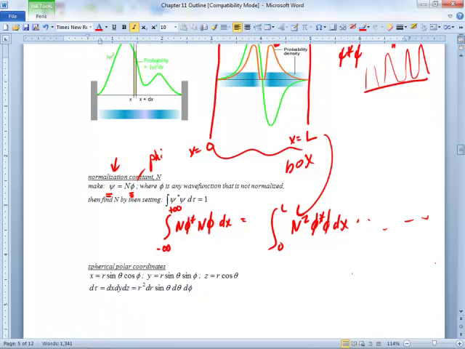Now, d tau we said was dx, dy, dz. But if you jump into spherical polar coordinates, look what d tau then becomes: r squared dr sine theta d theta d phi. So your d tau is a little bit uglier in spherical polar coordinates, but we'll live with it.